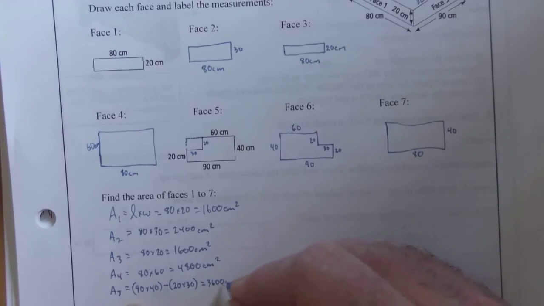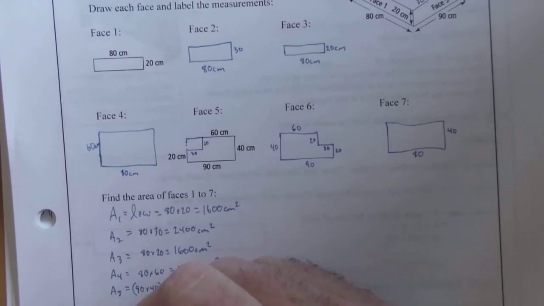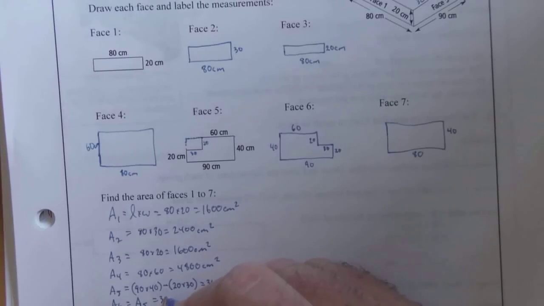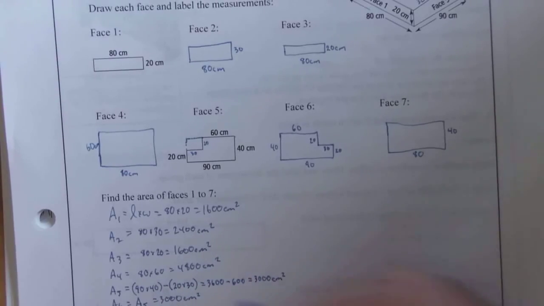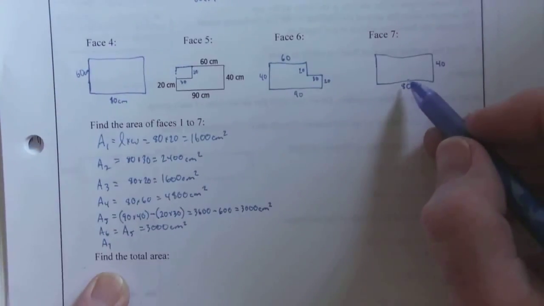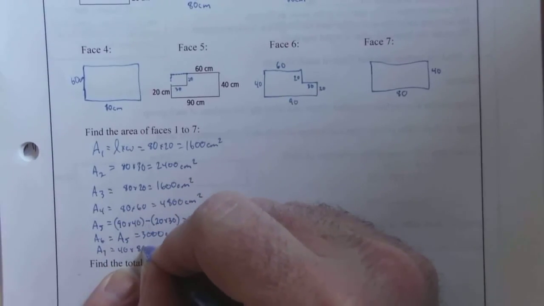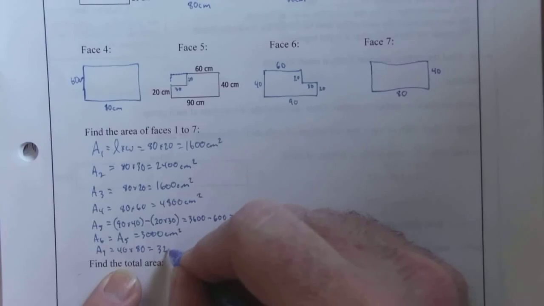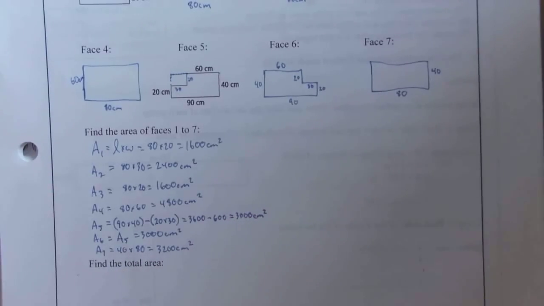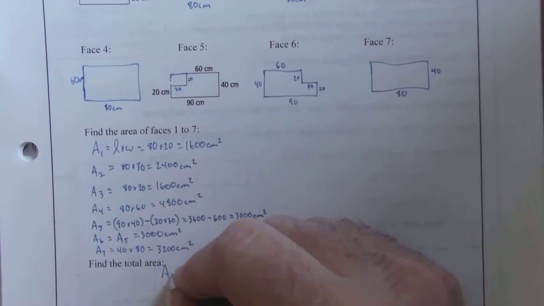So in this case, we've got 3600 minus 600. So the actual area of face 5 is 3000 centimeters squared. A6 happens to be the same as A5, so it's also equal to 3000 centimeters squared. Area 7 is a rectangle as well, 40 by 80. So its area is 3200 centimeters squared.